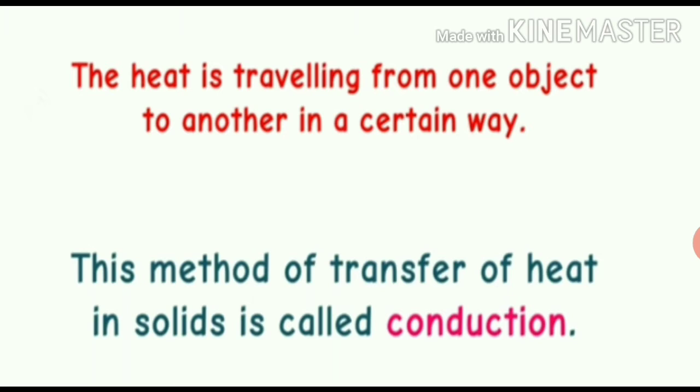So students, it is clear to you that solids are made up of atoms. And what are atoms? Atoms are the smallest particles of everything. In solids, these particles are very tightly packed, so they cannot move around freely, and because of that, they vibrate about a fixed point.